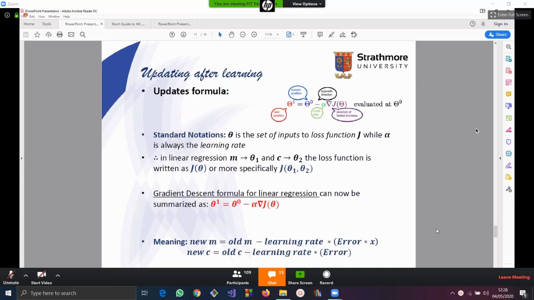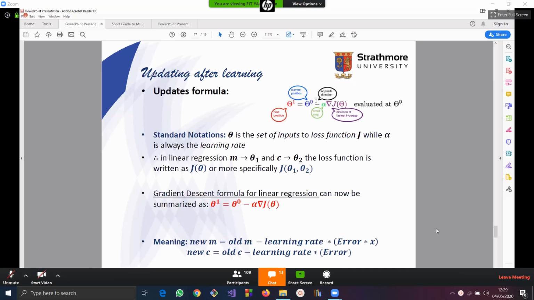So finally, this is what gradient descent is going to do. It takes the partial derivative, and then it's going to force us to move in the opposite direction.